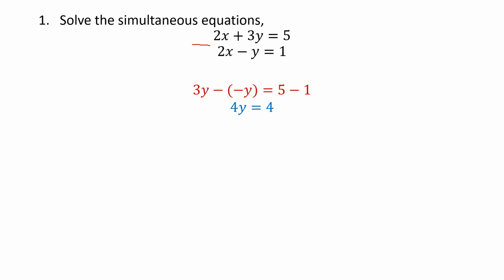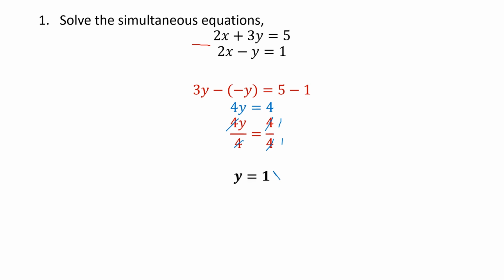The coefficient of y is 4. So dividing both sides by 4, this 4 cancels with this 4, and 4 divided by 4 is 1. So we find out that y is equal to 1.